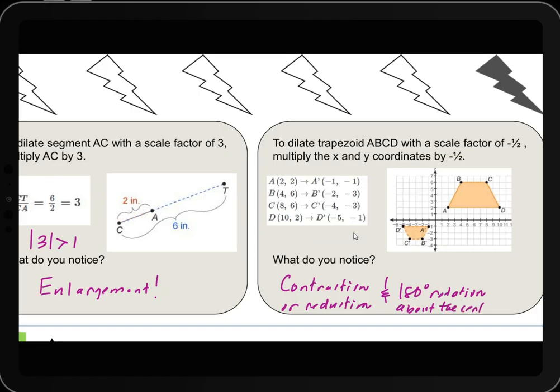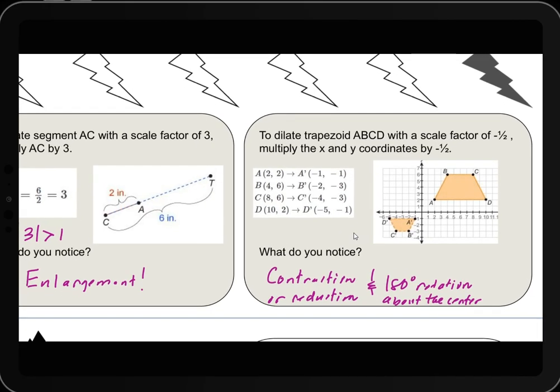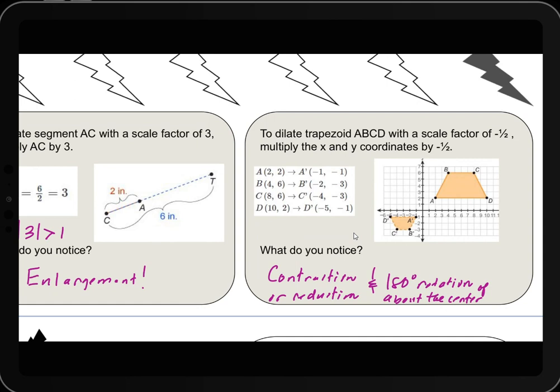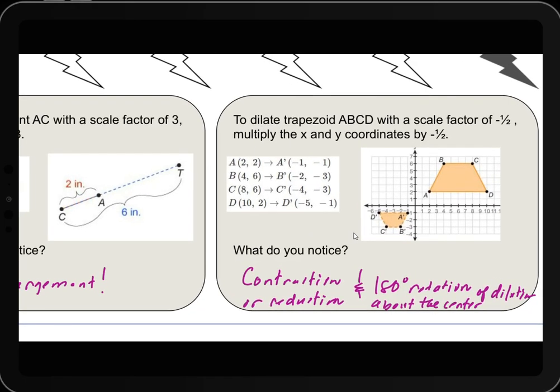I'm just going to call it the center for now because we're going to explore that later in a future chapter. I don't necessarily care what the center is right now. I'm just telling you that there's a 180-degree rotation. I know that because we have a negative scale factor. It's also a reduction because the absolute value of negative 1/2, of course, is less than 1. So it is a reduction.